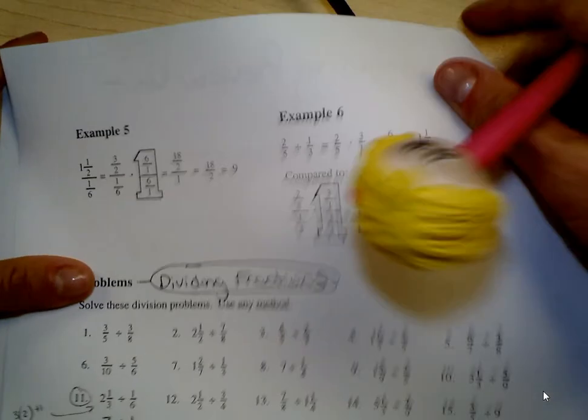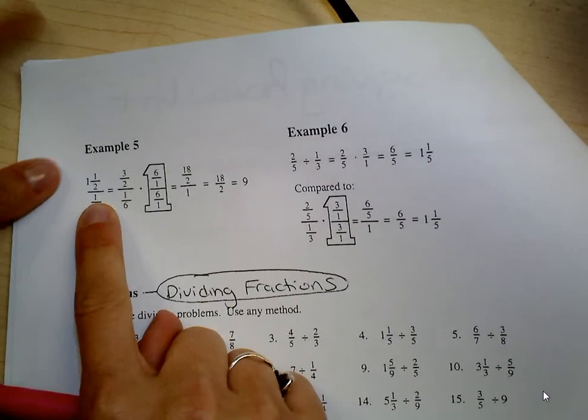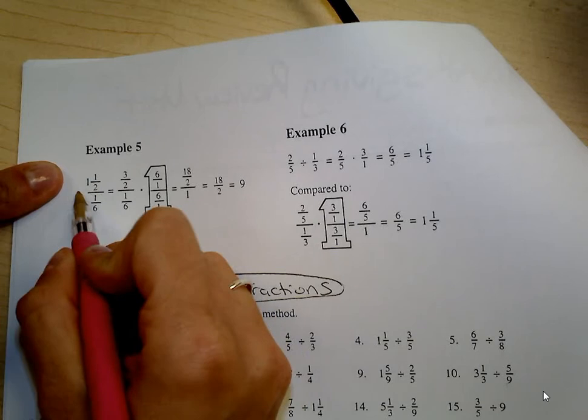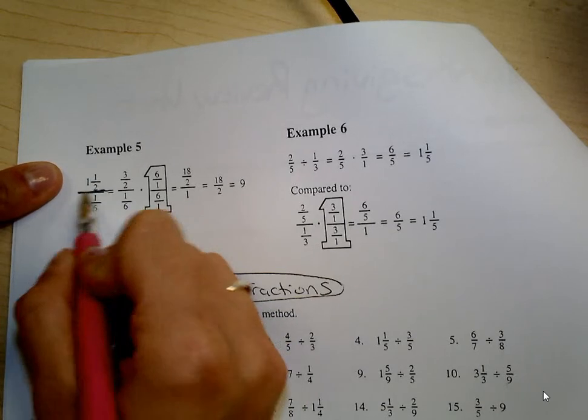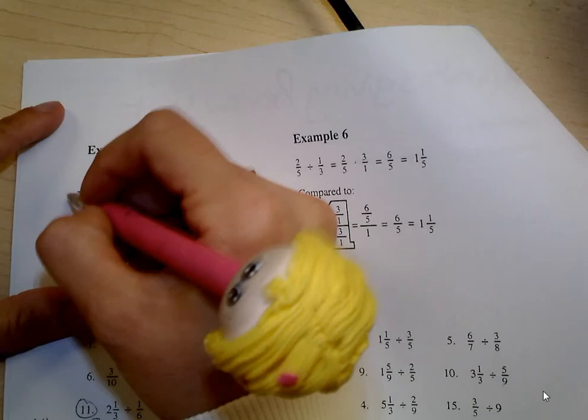Now, there's a couple examples at the top, and I want to go through this first one. Whenever you have a fraction divided by a fraction, this is in a different notation than we're used to. What I recommend doing is rewriting it like this.